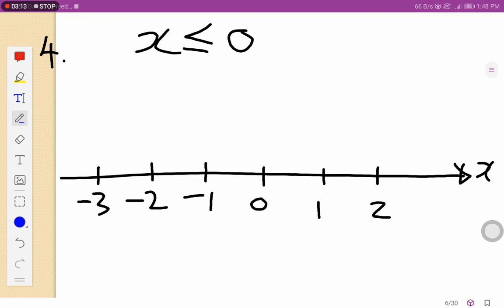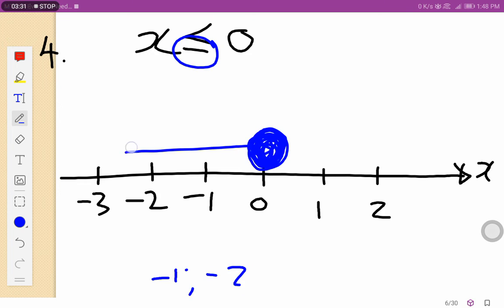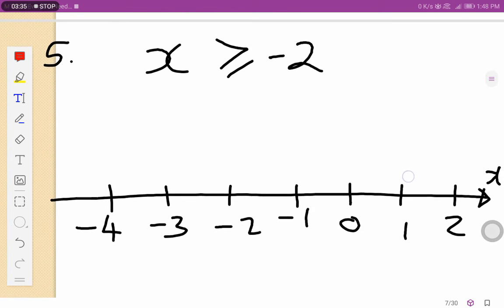Number 4, we are saying x is less than 0. We go to 0, we shade because of this sign there, less or equal to, we shade. Then we are saying which values are x taking. X is being less than 0, so it is going to take numbers like -1, -2. So the arrow is going to go down there. Okay, then we go to number 5.